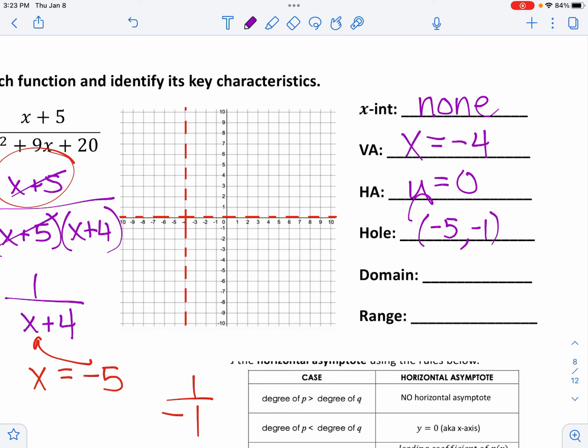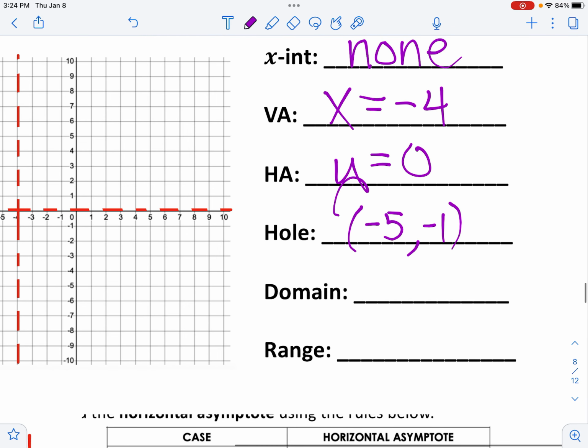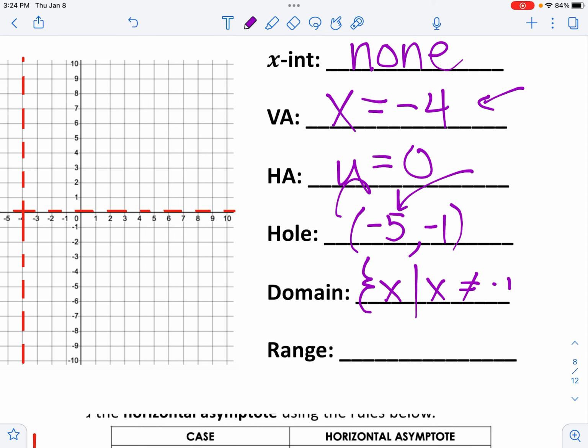Okay. My domain, let's do that first. The domain, okay, so normally we just copy this, but now I also have an additional spot that x can't be, and that's when x is -5 because there's a hole there. So the domain here is when x, such that x cannot be equal to -4, but also -5, right?